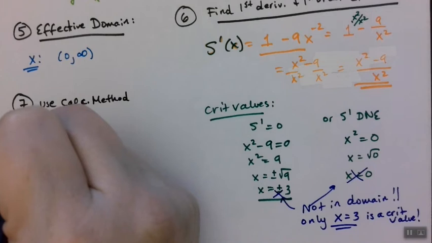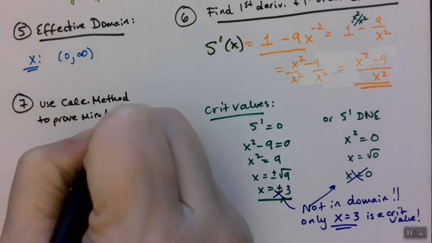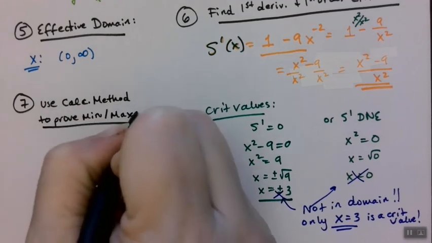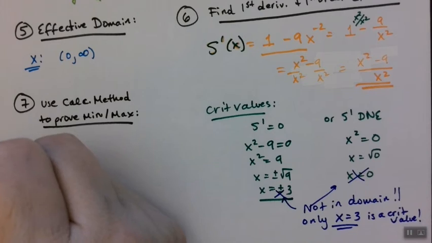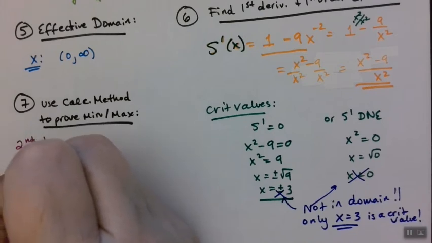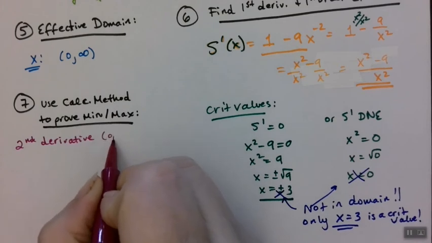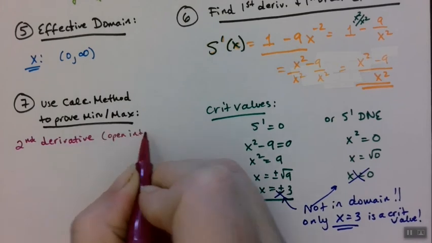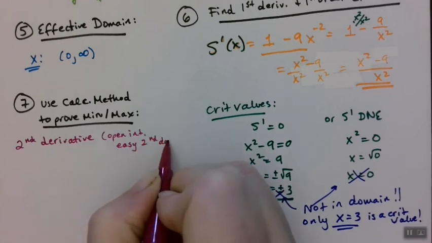And you have to use the one that's most appropriate. In our case, in this particular example, it would be the second derivative method, because we're looking at an open interval and an easy second derivative to find. So that's why we're doing that one.